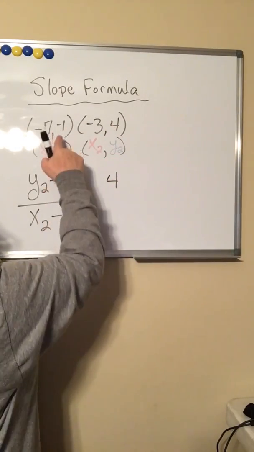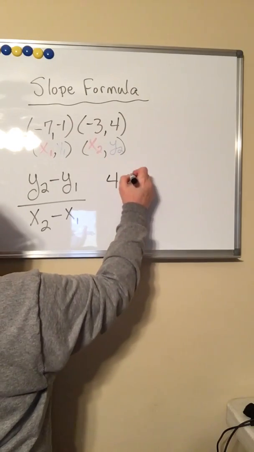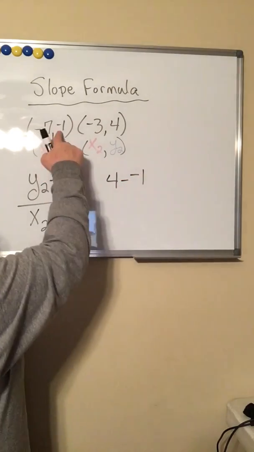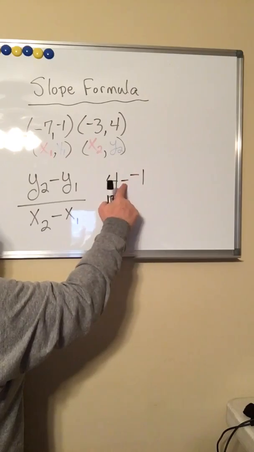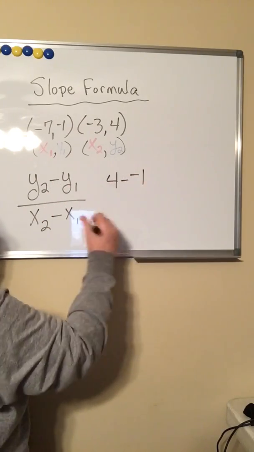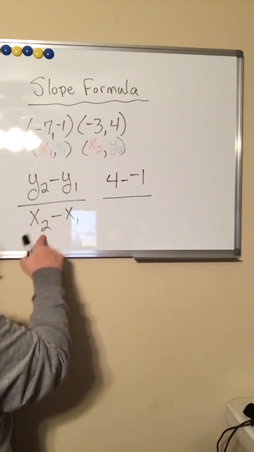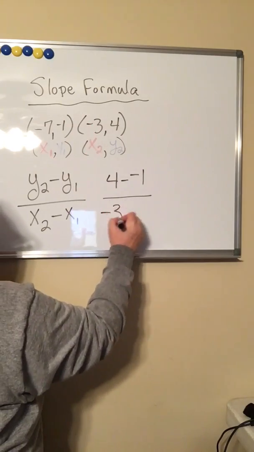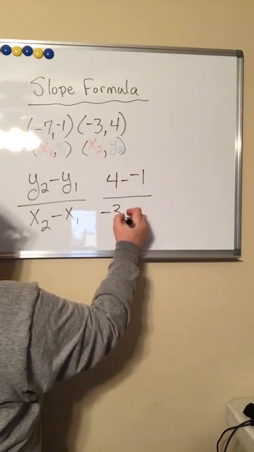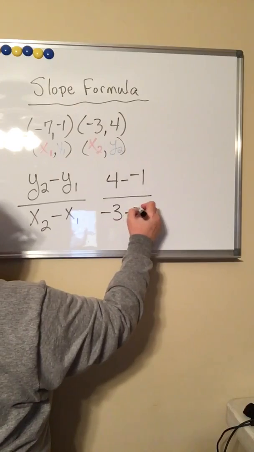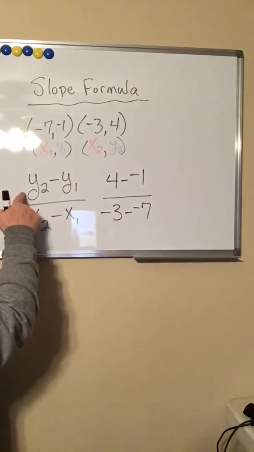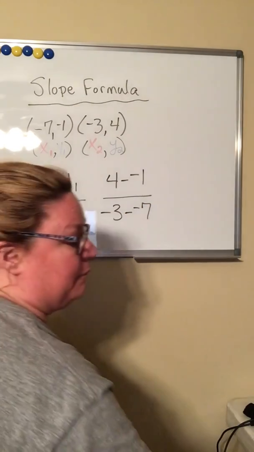And y1 is the -1. So it's minus -1. Don't forget, if this is a negative, you're subtracting the -1. Okay? Then our x2 is -3. And our x1 is -7.